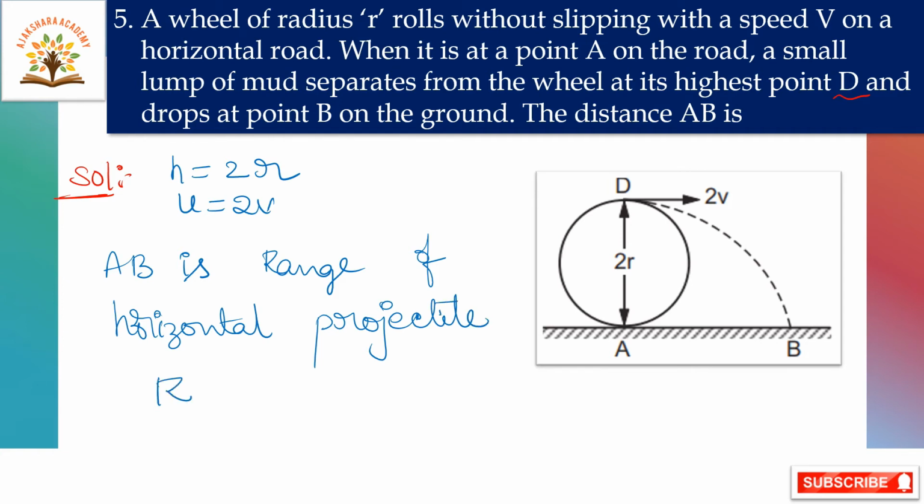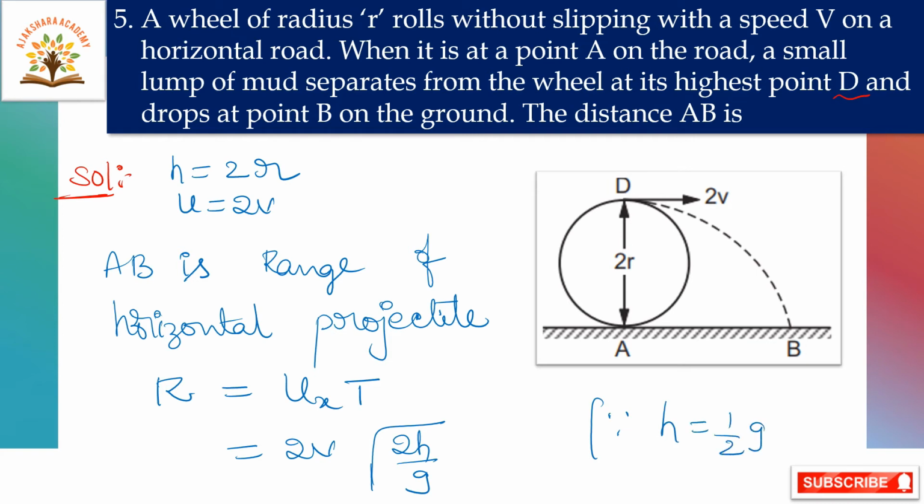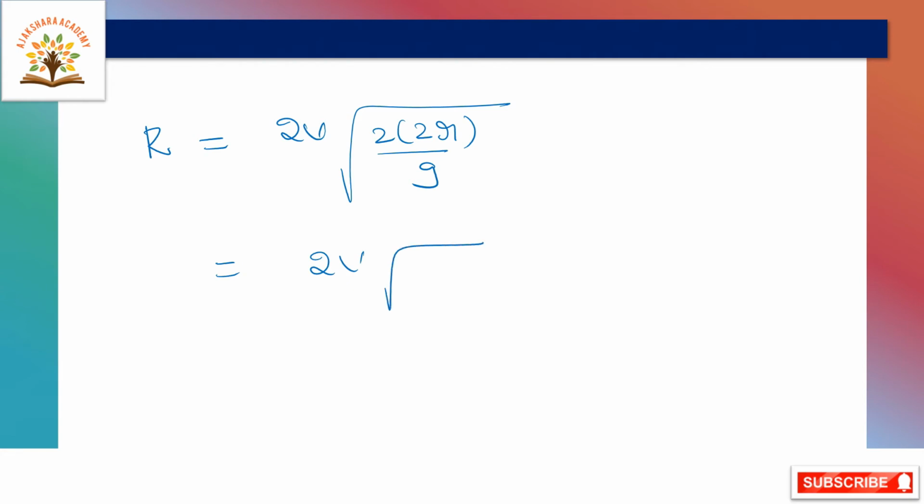Now the range is equal to ux into t. So that is equal to u, which is 2v, times t, which is the square root of 2h by g, since h is equal to half g t square. Now substituting h, the range becomes 2v into the square root of 2 into 2r by g, that is 2v times the square root of 4r by g.